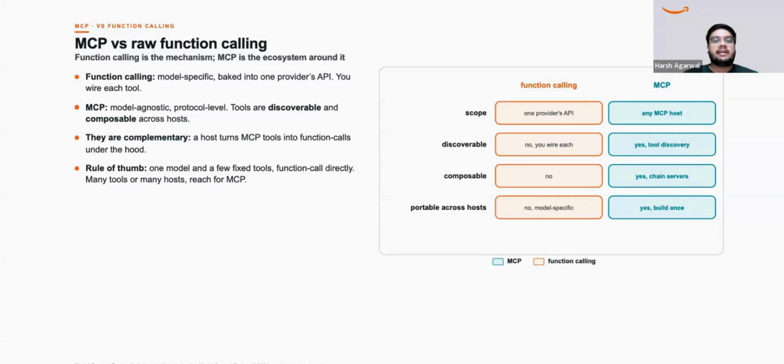The rule of thumb is that if you've got one model and a few fixed tools, function calling would work very well for you directly, and MCP would be overkill here. But if you've got too many tools and you want to work across many hosts, that's exactly when you reach for MCP. Just remember that the right tool is related to the scale at which you're operating.